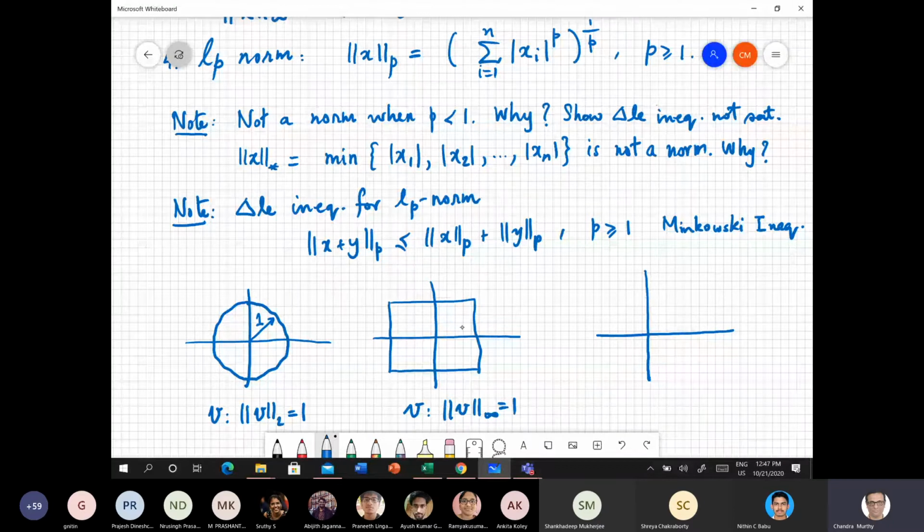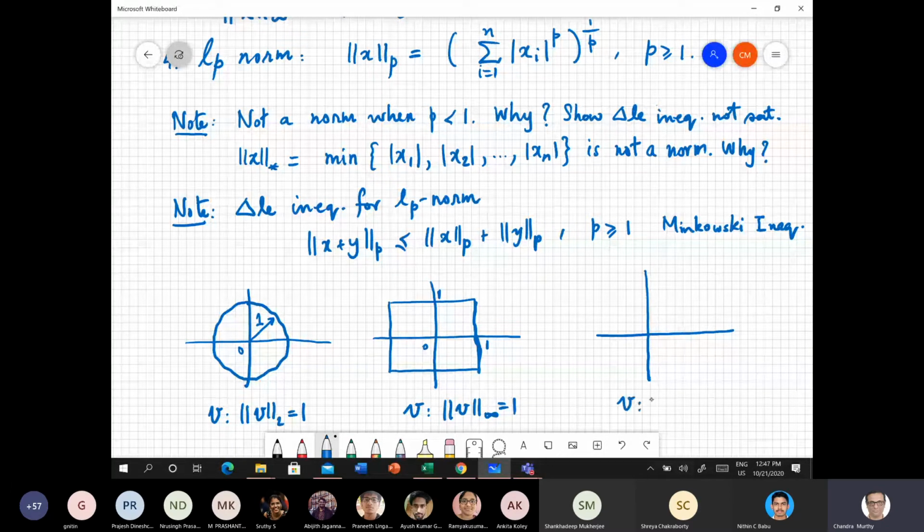For any point along this line here, whatever the value of y, the value of x is equal to 1. So this is 1 and this is 1, and this is the origin. For any point along this line, the x value is equal to 1, and so the infinity norm of any point along this line is equal to 1. Similarly, for any point along this line, the L infinity norm is 1. So that's how you get the square.